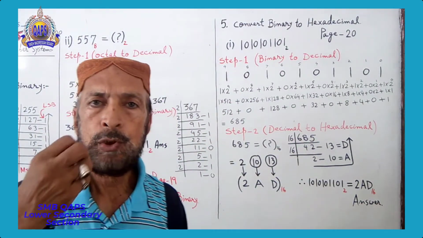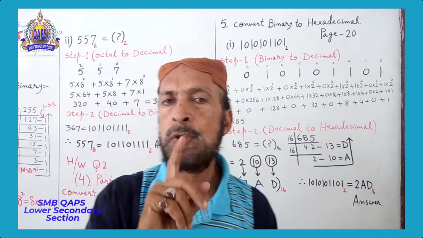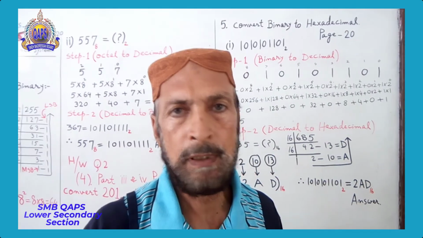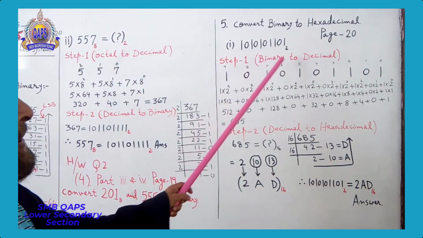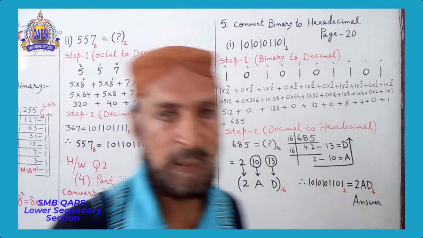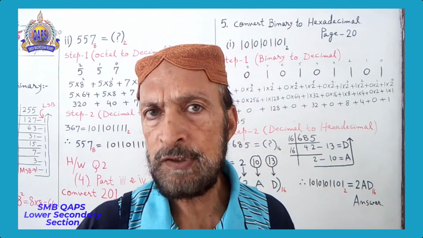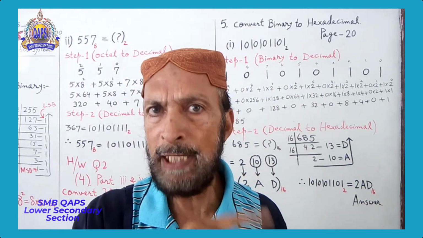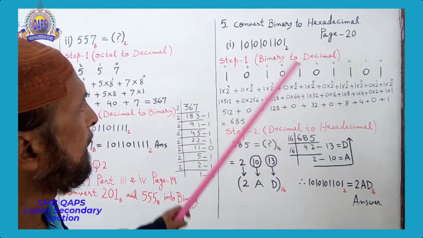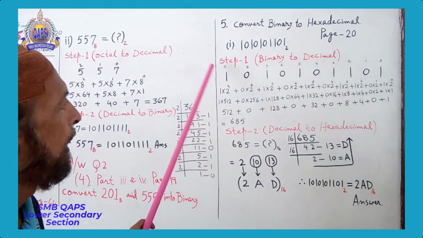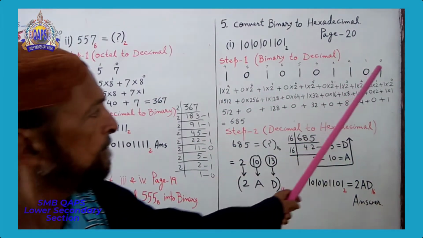There are 2 steps to do this question. Number 1, binary to decimal. Understand? What is step number 1? Binary to decimal. We will do it. The number is over here.